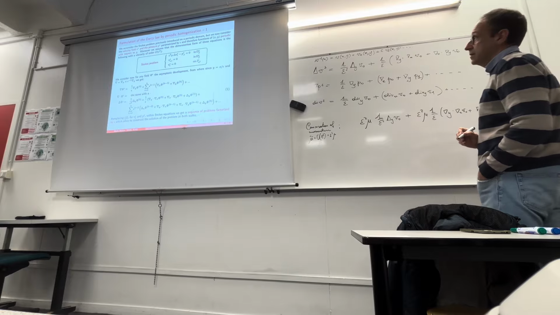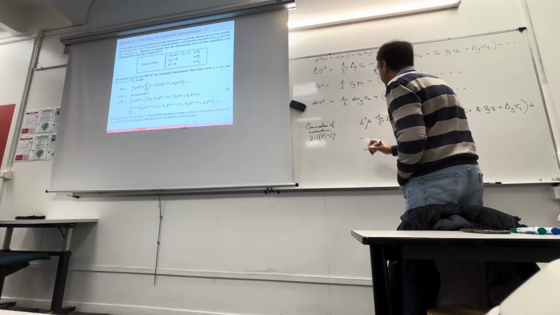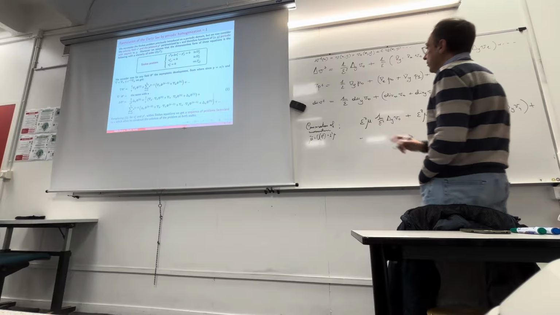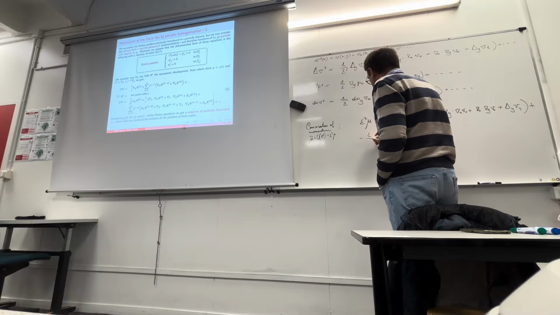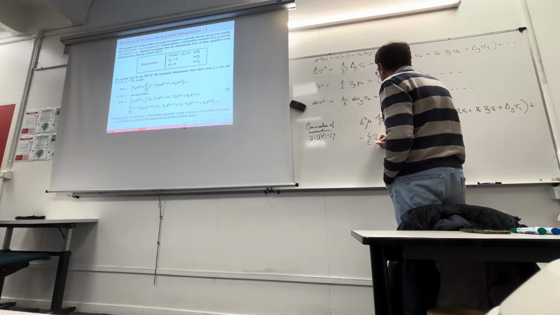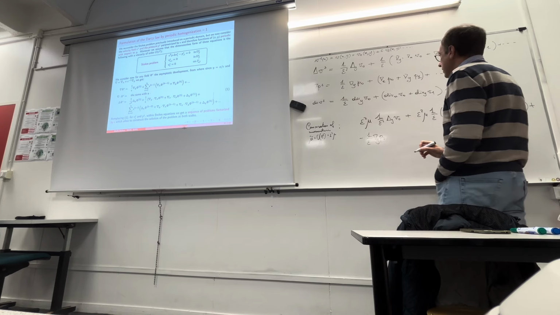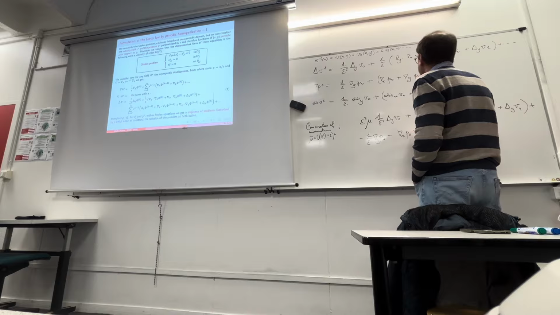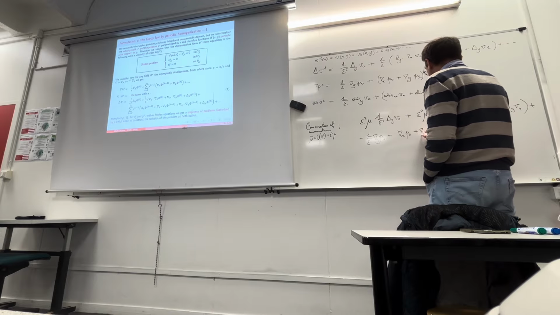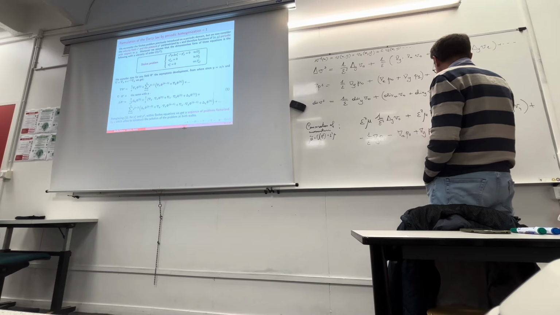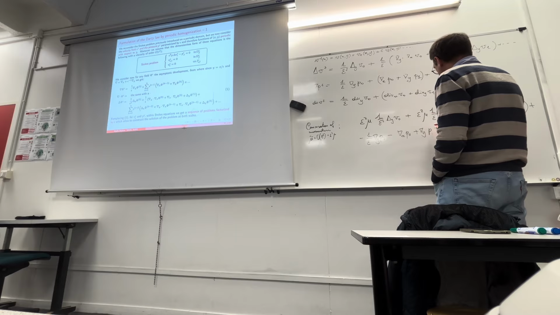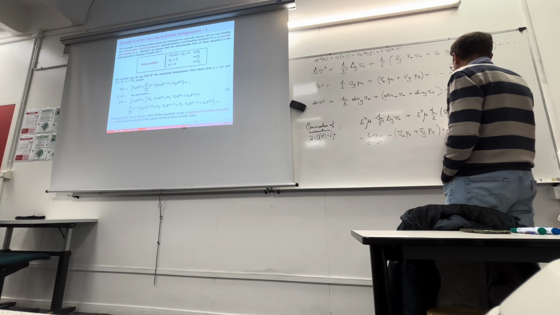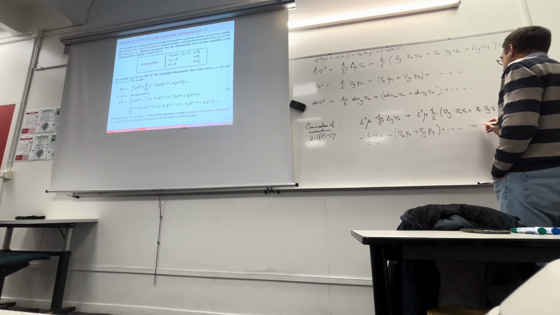minus, sorry, the gradient of pressure. So the gradient of pressure is this, 1 by epsilon gradient y of P naught minus gradient x of P naught plus gradient y of P1 and other things equals 0.